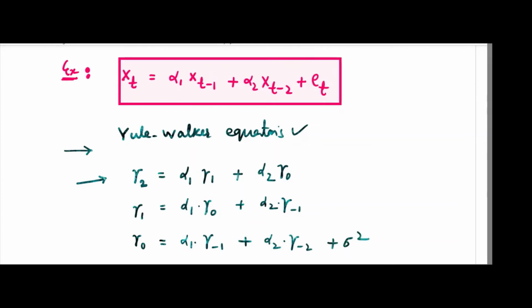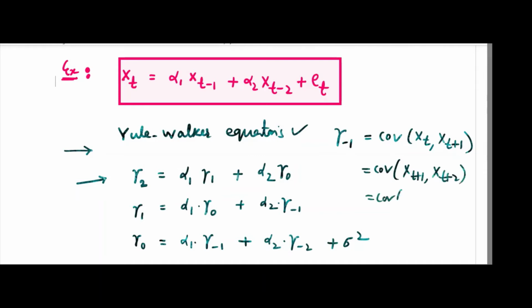Now suppose I have written gamma minus 1, that is actually the covariance of xt and xt plus 1. You can write the covariance of xt plus 1, xt plus 2, lag 1. Whatever you want, x5, x6, x5, x4, whatever you write, it doesn't matter. You will get 1 or minus 1.